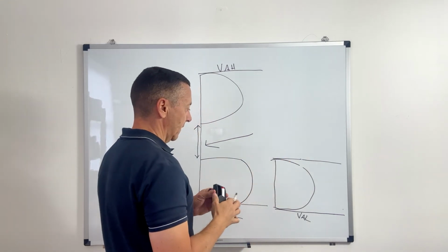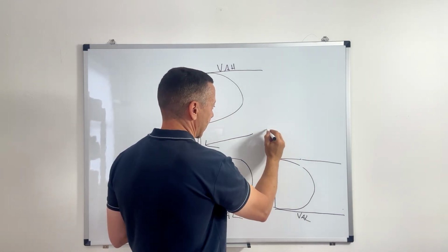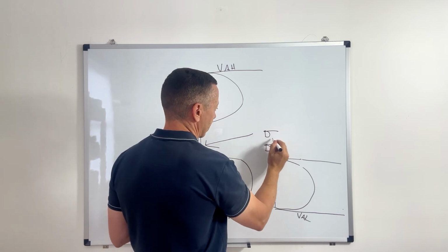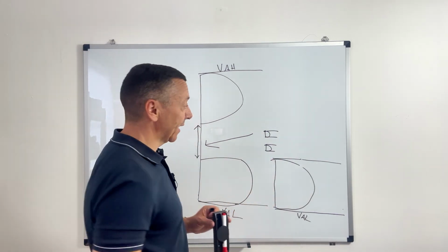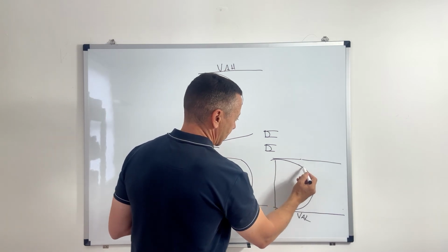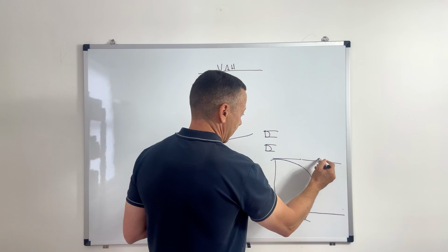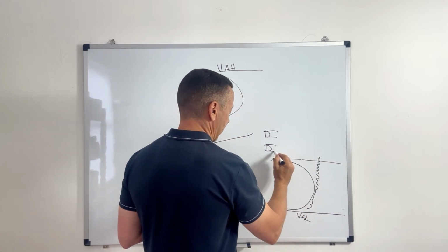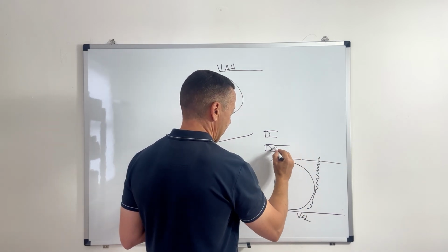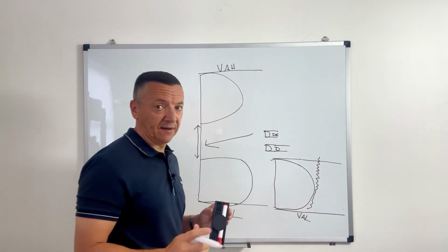So these mini TPO areas here, the demand zones here, I've just rubbed off, which you should have left on, but anyway. When price comes up to this area, grinds up to this area here, okay, these areas here, these demand zones, become invalid.